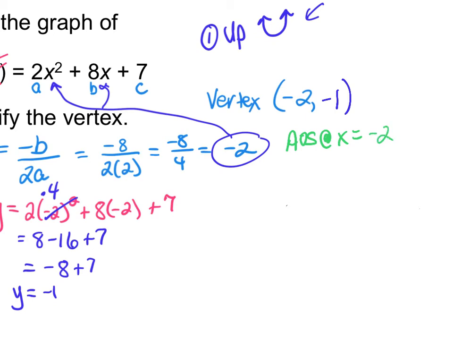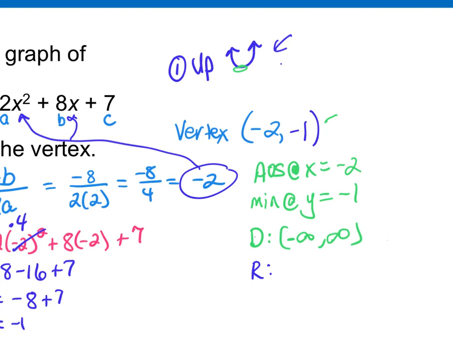-2. My minimum value, since my parabola is going up, my minimum value is at y equals what? -1. Good. My domain of every single parabola that we're ever going to talk about is negative infinity to positive infinity. Always.